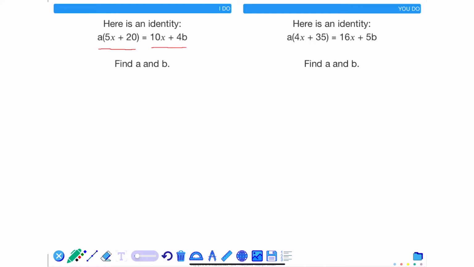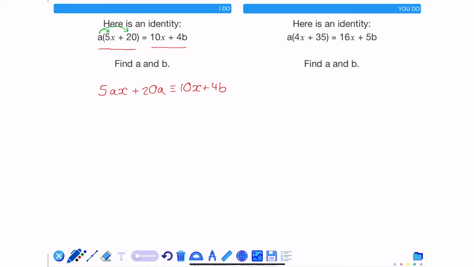So expanding out the brackets, a times 5x will give 5ax, and multiplying a by 20 would give 20a. This will be identically equal to 10x plus 4b.